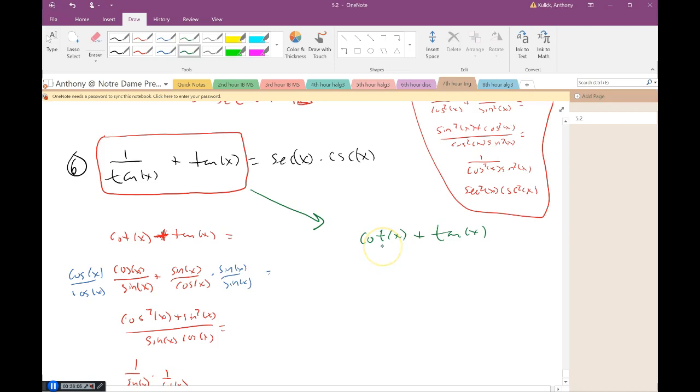And you said you wanted to rewrite this in terms of secants and cosecants? Okay, so cotangent is, what is the identity for cotangent? Cosecant over secant. And this is then secant over cosecant. And we'll make a common denominator now.